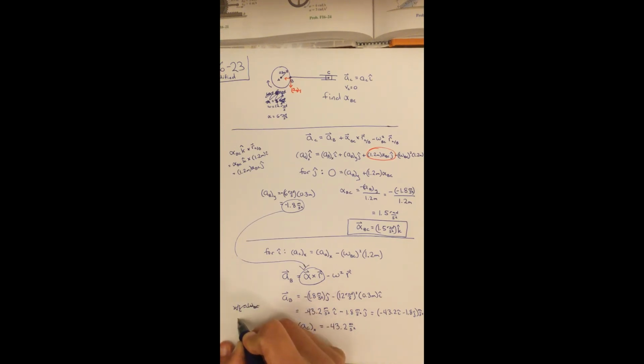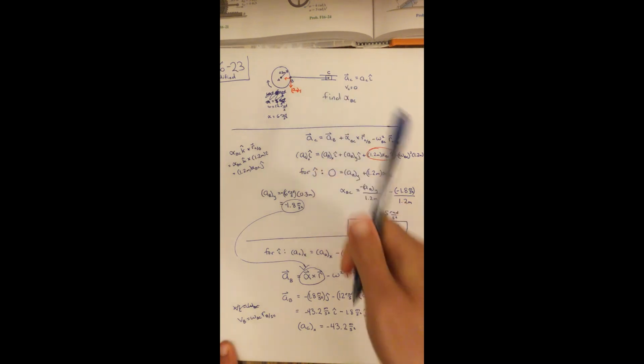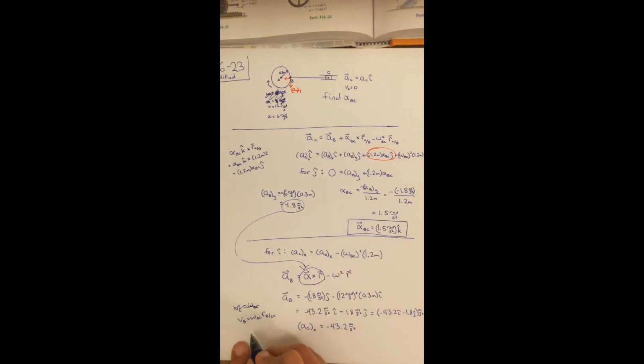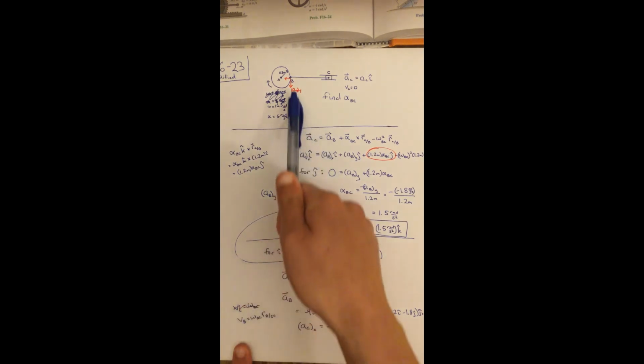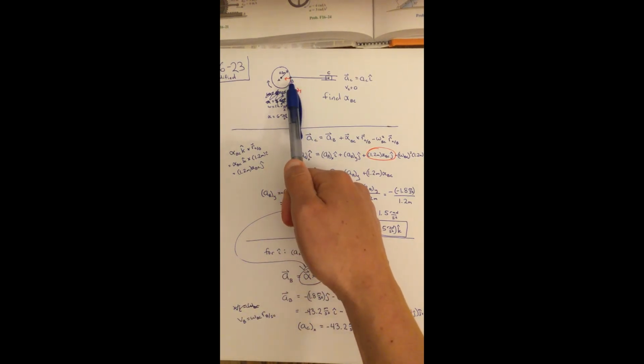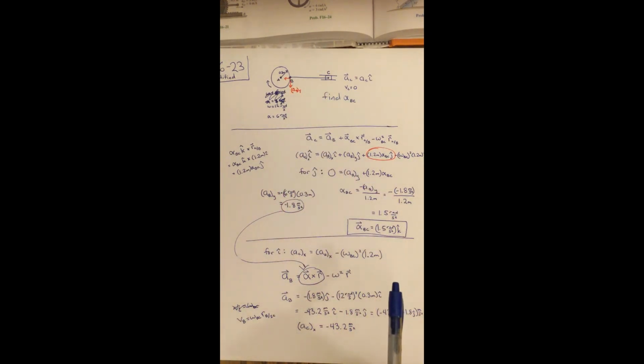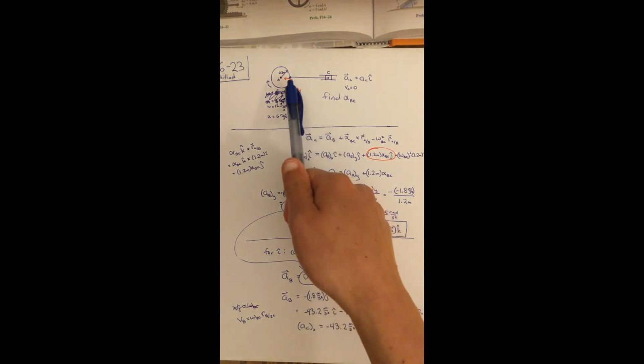I want to say the velocity of point B is equal to the angular velocity of BC times the distance to point B from the instantaneous center of zero velocity, which is point C. Did I find the velocity of B?